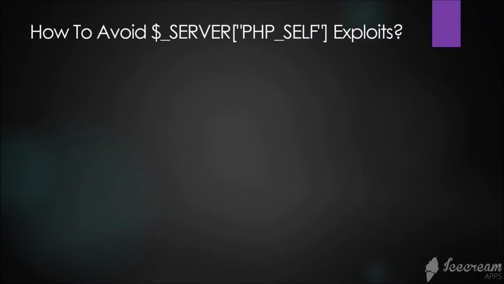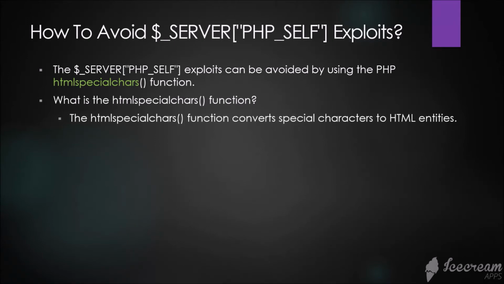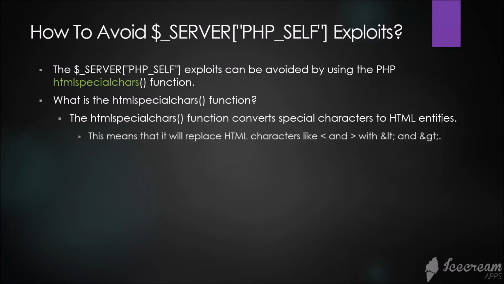Okay, so there are ways kung paano natin gagawin yung ma-avoid yung pag-exploit sa server PHP self. So the server PHP self exploits can be avoided using the PHP htmlspecialchars function. Okay, so what is the htmlspecialchars function? The htmlspecialchars function converts special characters to HTML entities.